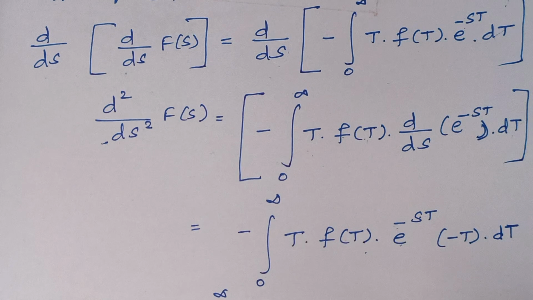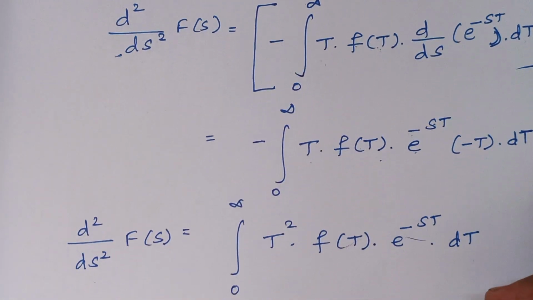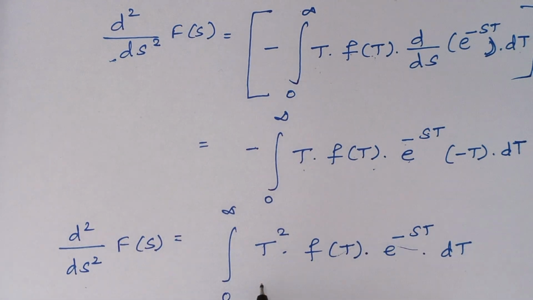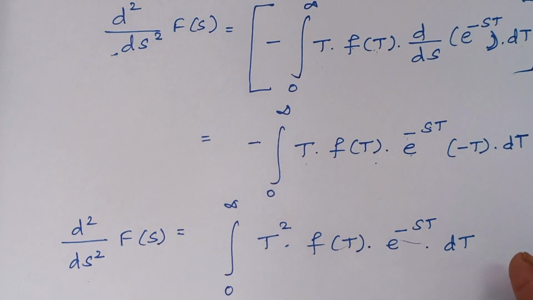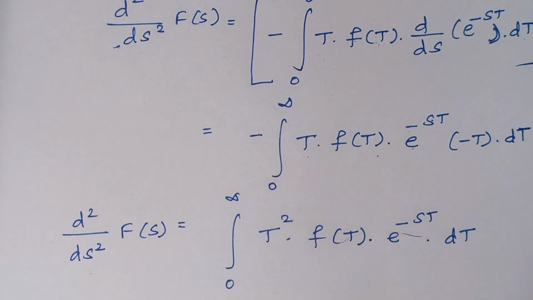So when you arrange the terms, minus into minus becomes plus and t into t becomes t square. So finally I am writing t square into f of t into e power minus st into dt.